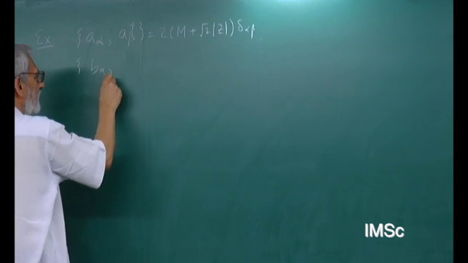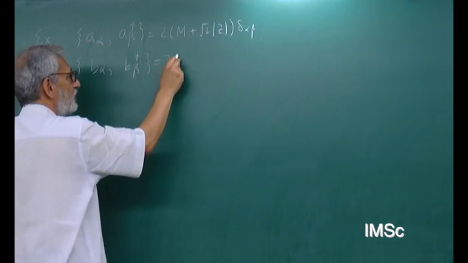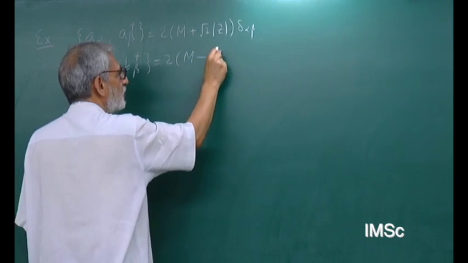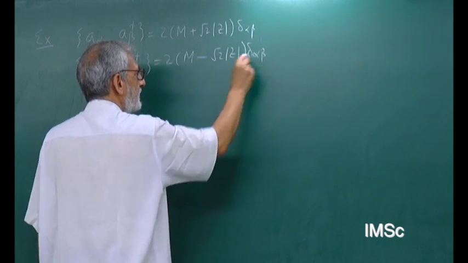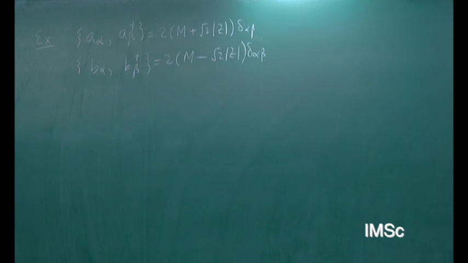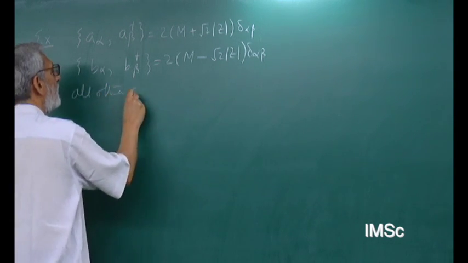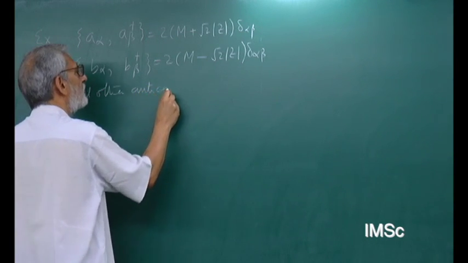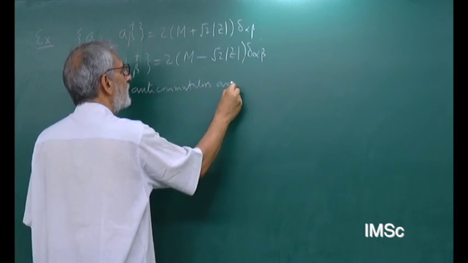And B alpha, B beta dagger anti-commutator is 2m minus root 2 mod Z delta alpha beta. Notice the sign. One with plus and the other with minus. And all other anti-commutators are 0.